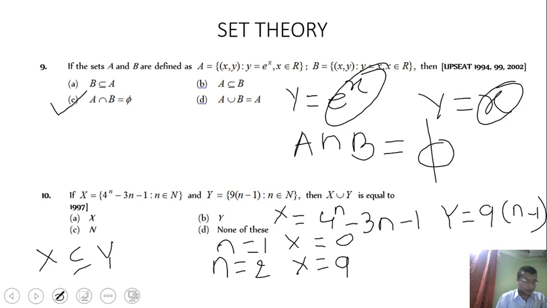If we take a union over this, we get x union y equal to y. Therefore here option B is the right answer.